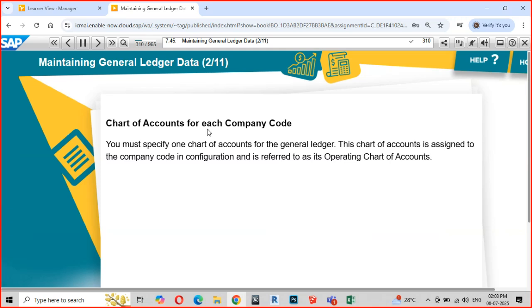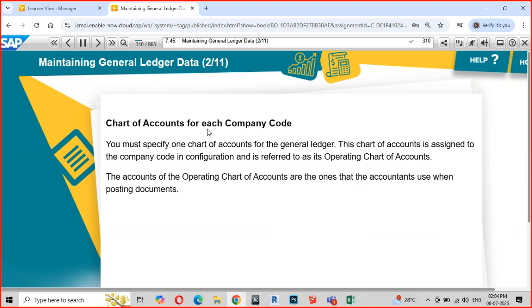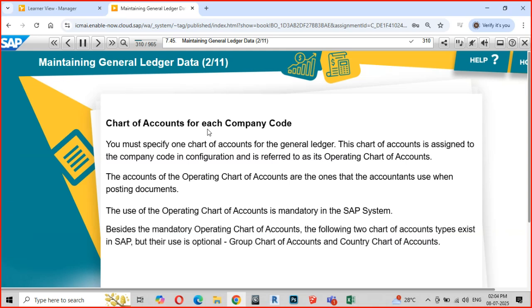So you see a new term called chart of accounts. Now, why do I use the term organizational element? This is a very critical element which actually starts the financial activities after the company code.